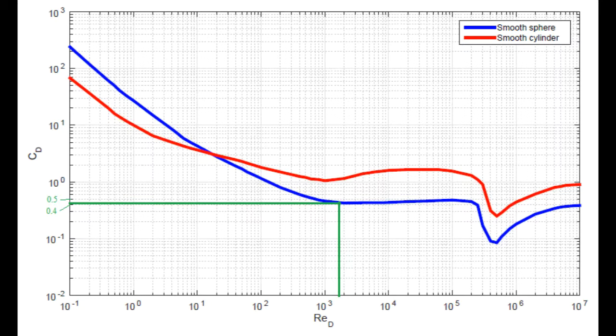Y-axis is our CD numbers. Again, same deal here, logarithmic scale. So 10 to the negative 1 is 0.1, 10 to the 0 is 1. Each little division is then 0.2, 0.3, 0.4, 0.5. So I can see that the green line ends up between my divisions of 0.4 and 0.5, closer to 0.4, so somewhere around 0.42 would be our first guess for CD.